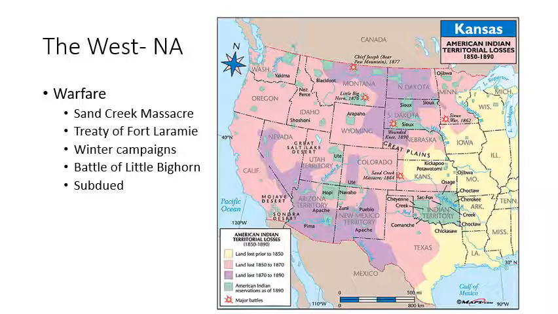And so these winter campaigns are going to end up with really heavy casualties, specifically amongst women and children in the West. The survivors of these campaigns, the native survivors, are going to be impoverished and basically starving. And this is basically how the United States secures the southern plains by about 1875.